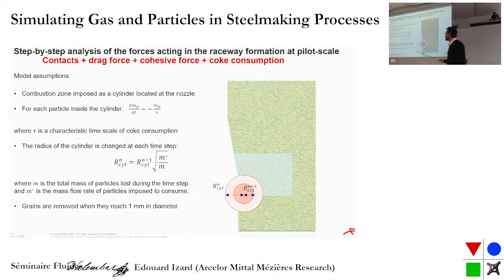So in the simulation, when the particle is lower than 1 millimeter, we just remove them from the simulation, taking this into account in the balance also to have a good mass conservation, which is quite important. But because the lower the particle size, the lower the time step you should take for the granular material, we need to test that a little bit.